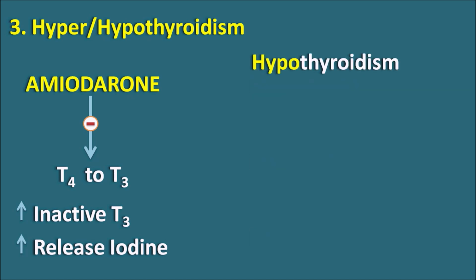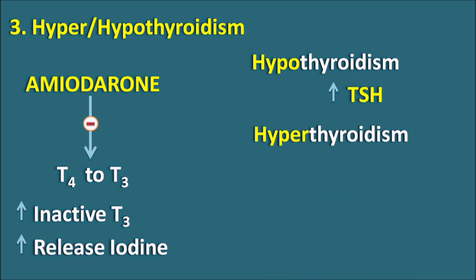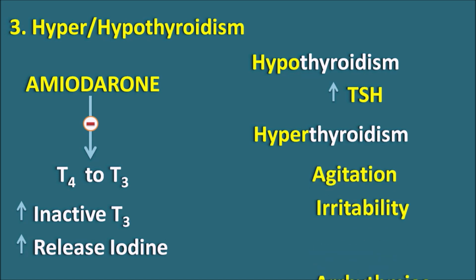So this drug can produce a hypothyroidism, which can be tested by elevated levels of thyroid stimulating hormone. This hypothyroidism is somewhat less severe and it can be controlled by the external administration of the thyroid supplements. But another side effect of amiodarone is the hyperthyroidism, which is more significant. This hyperthyroidism may result in agitation as well as irritability in the patients, and this can also increase the cardiac arrhythmias in the patients.